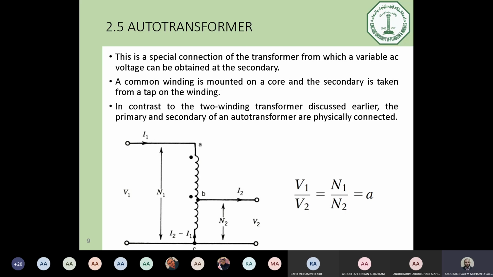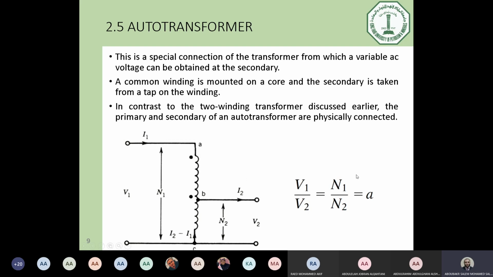And you don't have isolation between primary or input voltage and output voltage. So this is one of the drawbacks of the autotransformer, because there is no isolation between input and output. And this was one of the main advantages of the two winding transformer.